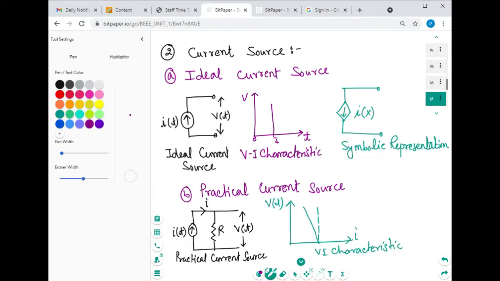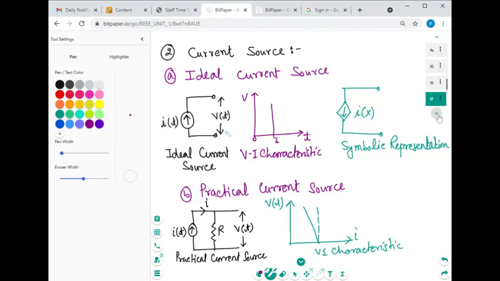Then we saw practical current sources. What do you mean by practical current source? Practical current source means there are some losses, like internal resistance and heat dissipation, so it will not work according to the desired output. It will lose some output. That is called a practical current source.